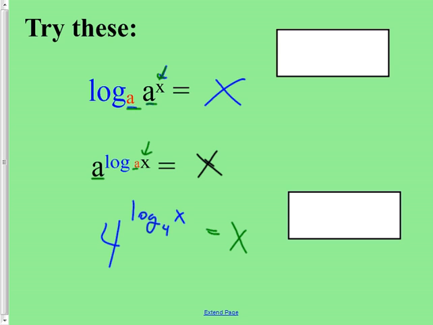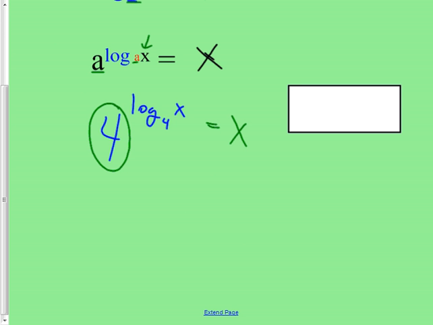All right. So could I prove this? Watch me prove it. 4 is the base. That means this could be rewritten. This actually isn't a log. There's a log in it, but this is an exponential. So I could rewrite it as a log.